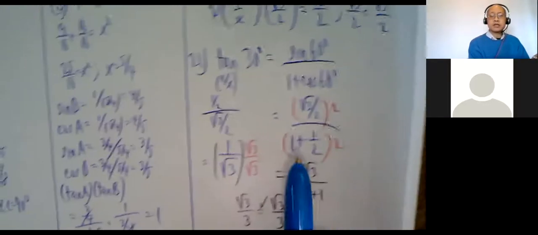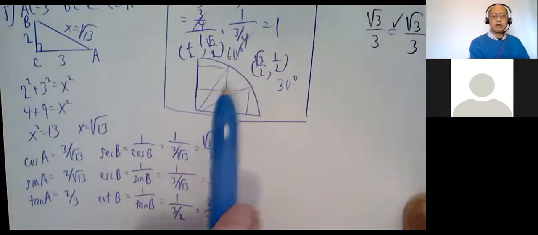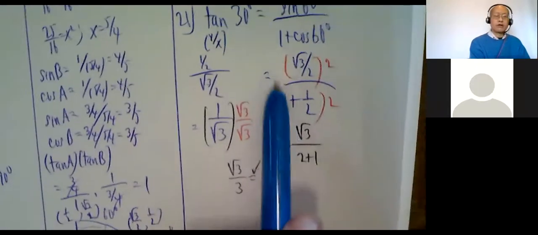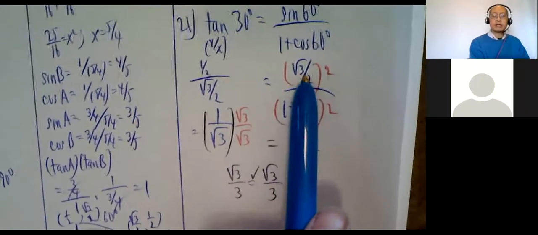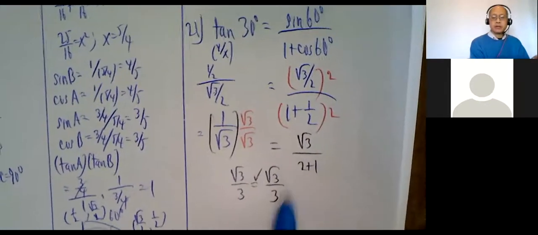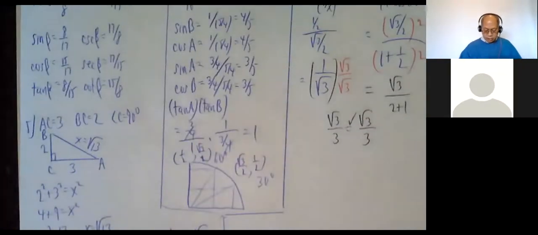This side, sine of 60 degrees was radical 3 over 2. The y coordinate. Divided by 1 plus cosine of 60 degrees is a half. X coordinate. Multiply top and bottom by 2. I end up with this, so it does match. Okay, so definitely a little bit harder, but we got a match.